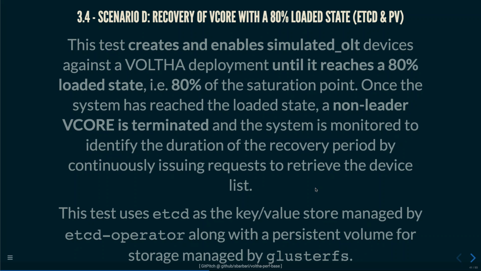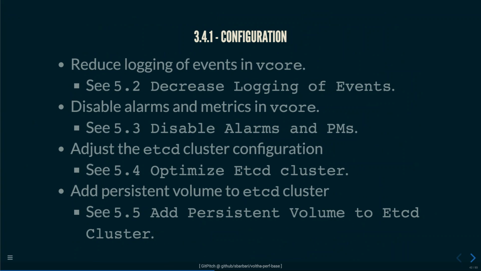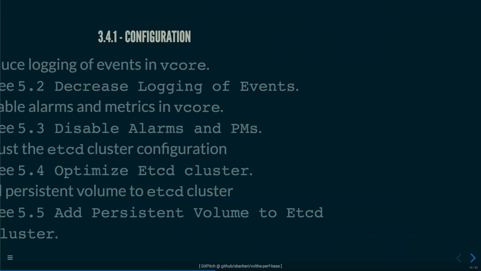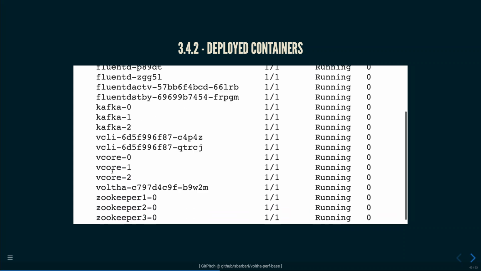In this case, we executed this test against the etcd with a persistent volume attached to it. Again, we disabled a few things, optimized, and installed a Gluster FS cluster. So no differences here in terms of containers at CD and along with the other containers.